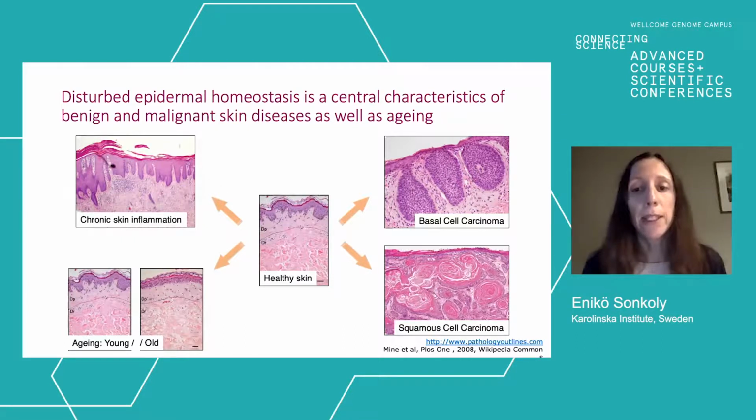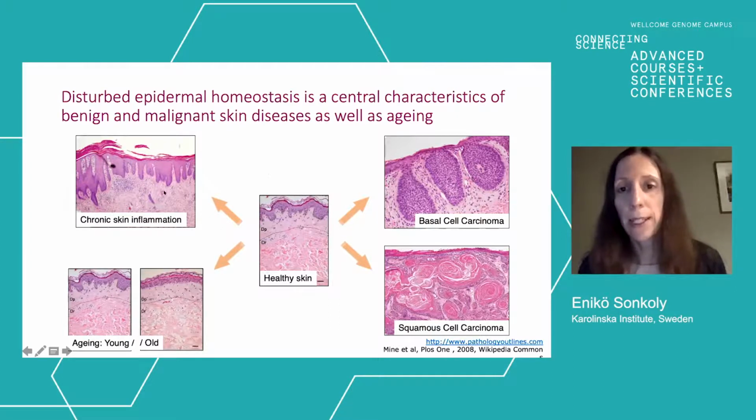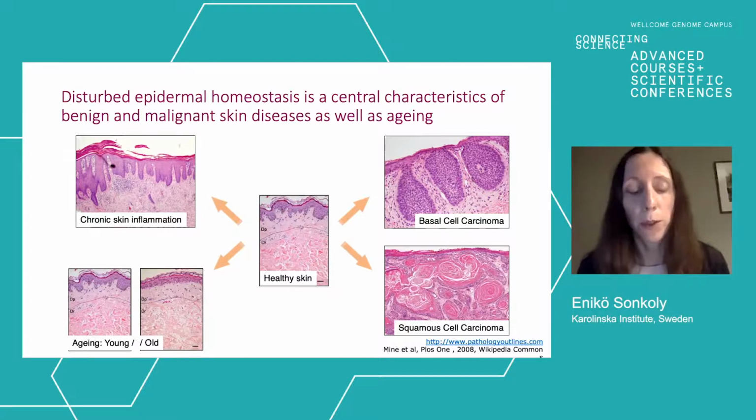And in many skin diseases where the epithelium is affected, both inflammatory skin diseases and malignant skin diseases, this process of epidermal differentiation is severely disturbed. It also means that regulators of this process may be involved in the pathogenesis of these diseases.